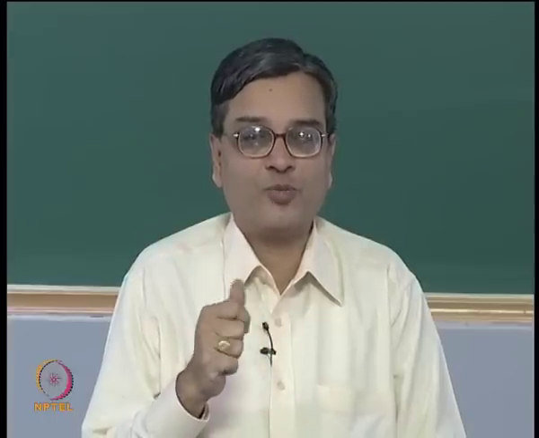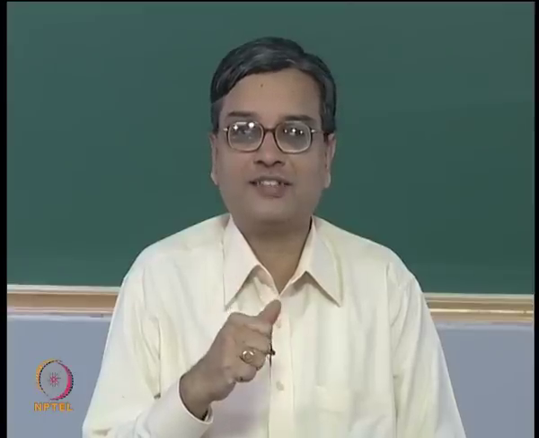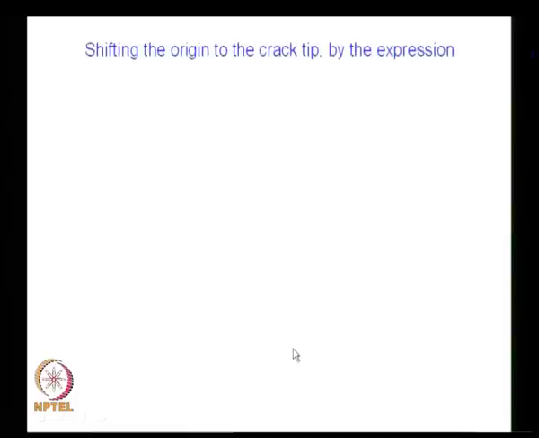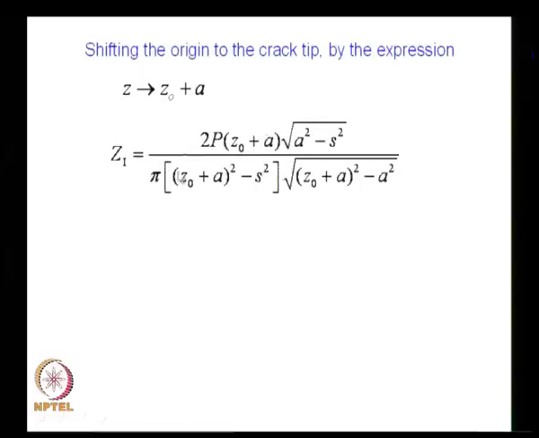I am not quite sure how many of you have really solved it, and anyway we will have a look at the expressions. So, this is the stress function that we had started with, and the next step is to shift the origin to the crack tip by the expression z becomes z naught plus a. Those who have done this in the rooms, please verify the expressions.